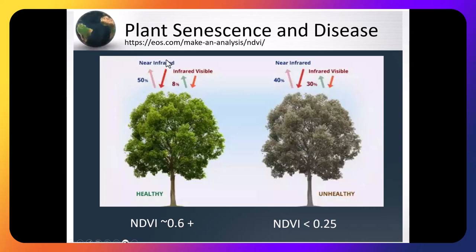That infrared visible really should be red, I think is what we're talking about here. The infrared visible is actually red light. Sorry, let me rephrase that. Very near infrared is strongly reflecting. Red is absorbing, with only 8% reflection. On a dead tree, there's more red reflection and less near infrared. So that's why we can get a different NDVI value.